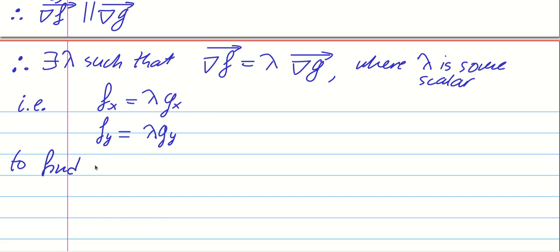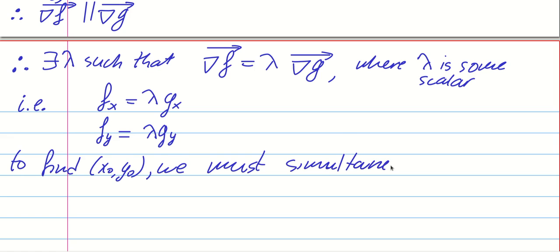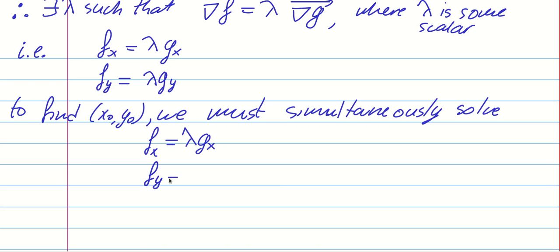So to find x sub 0, y sub 0, we must simultaneously solve f sub x equals lambda times g sub x, and maybe I'll write it in a column, f sub y equals lambda g sub y, and g of x y equals 0.